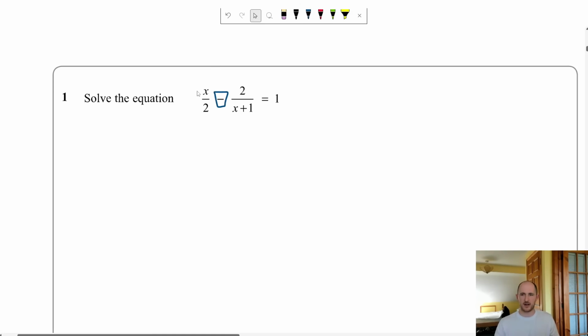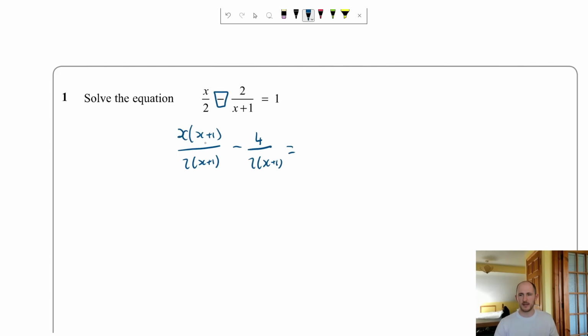So we're going to times the first fraction, top and bottom, by x plus 1, which gives me x plus 1 over 2x plus 1, minus, times this one by 2, so we have 2 times 2, which is 4, over 2x plus 1. The reason why I know to do that is because there is a subtract in the middle. If there's a subtract or an add, you need to make the denominators the same. If it's a times or divide, you just do normal times or dividing by fractions.